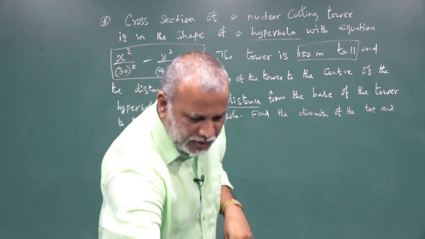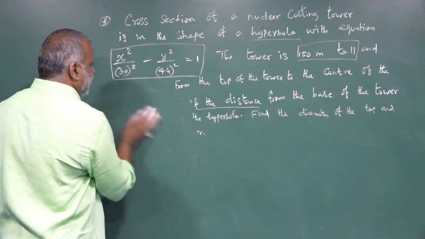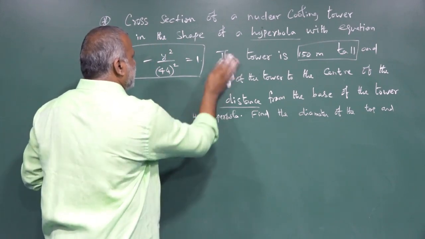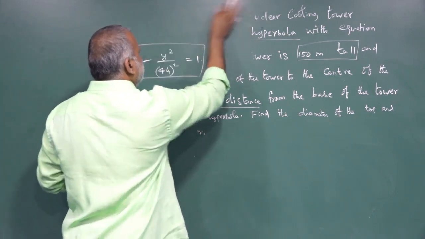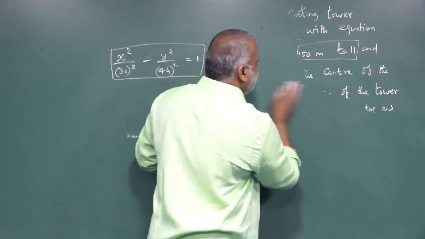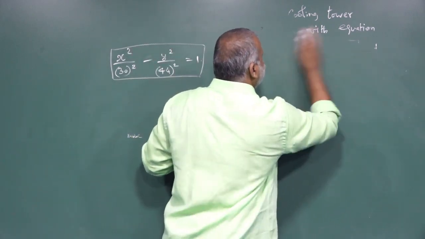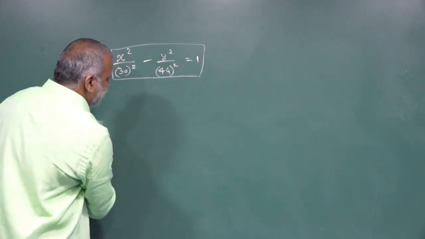Now I am going to draw a rough diagram based on this. See, this is the equation given. The equation of the hyperbola is given in your question itself. So we have to draw the cooling tower, whose total height is given.